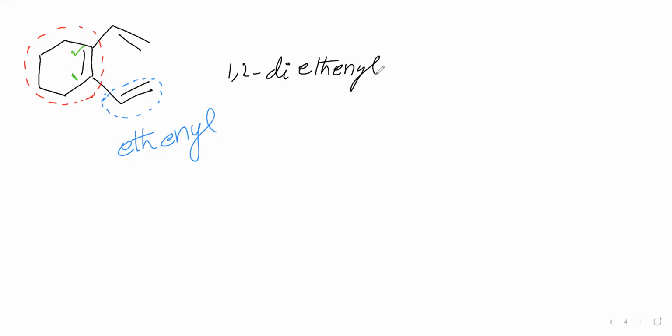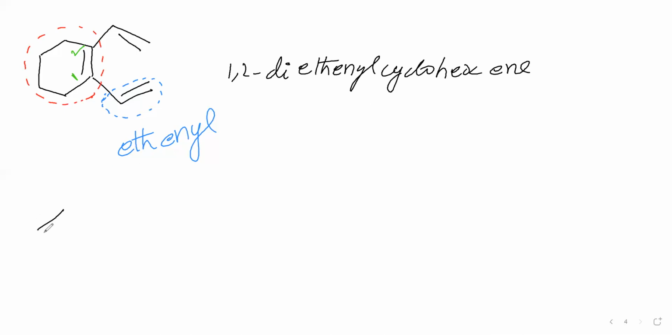Then this cyclic member contains cyclo, and here 6 carbon atoms are present, therefore hex. And the C=C double bond is there, therefore ene. This position is 1, so I have not mentioned it. If we mention 1 also, there is no problem. 1 also we can mention.